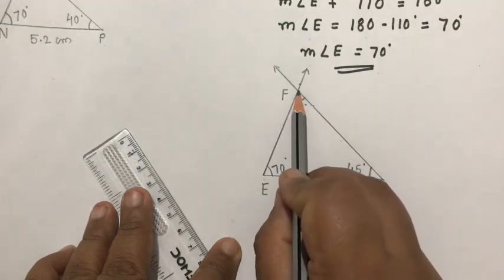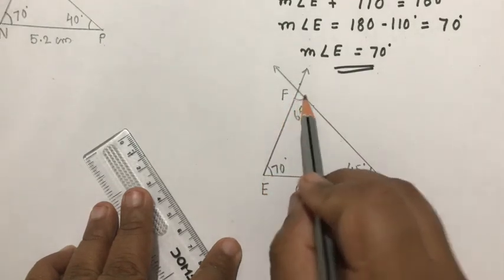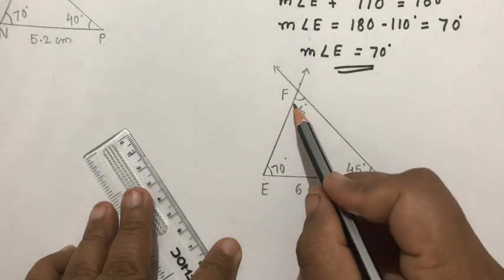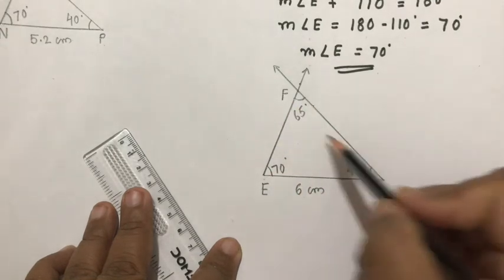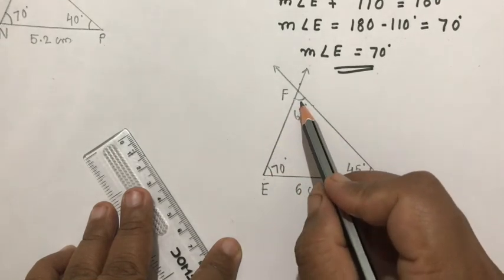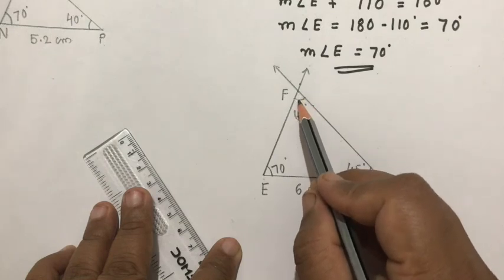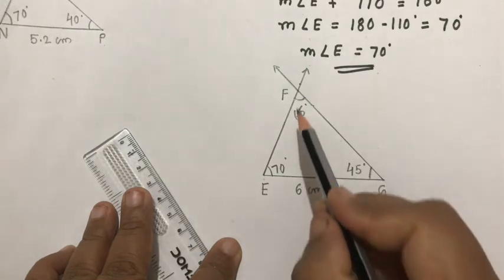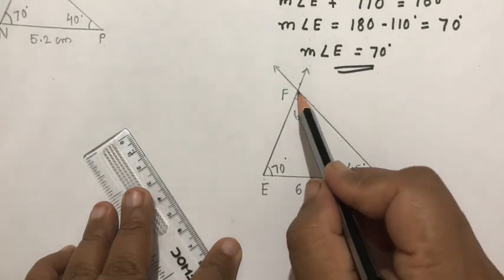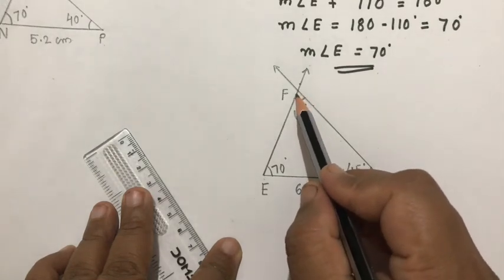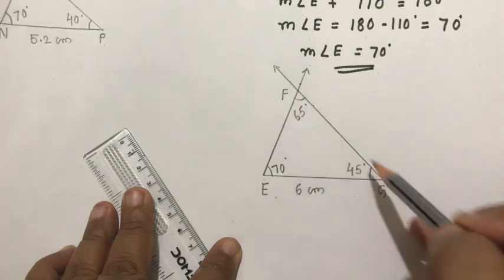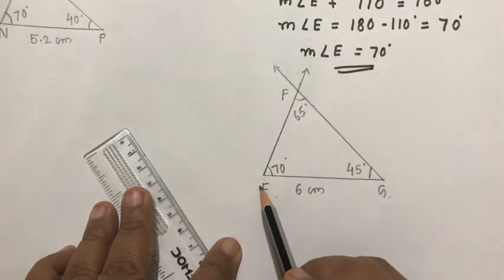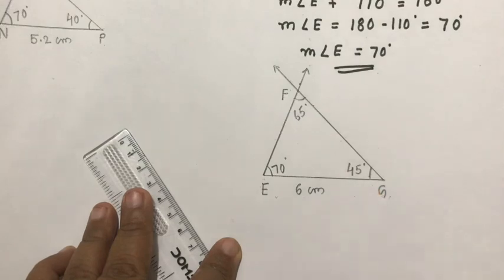That point is point F, and this angle EFG will be of 65 degree, or in another way you can say angle F is of 65 degree. This is your required triangle EFG.